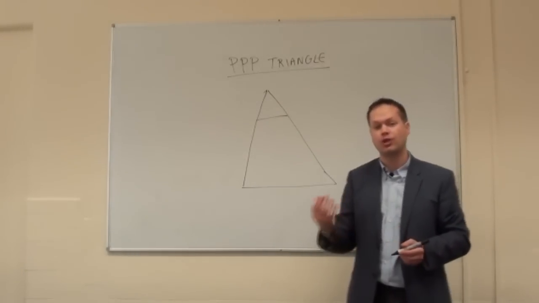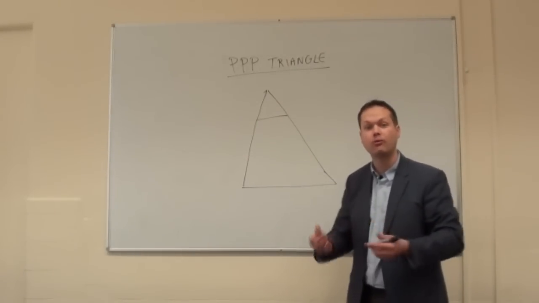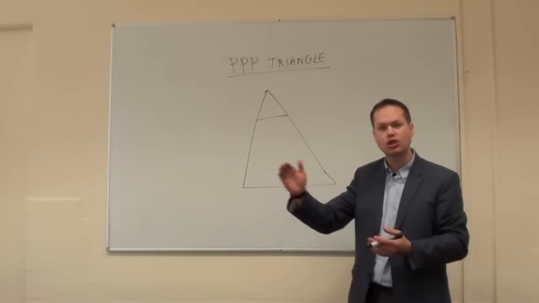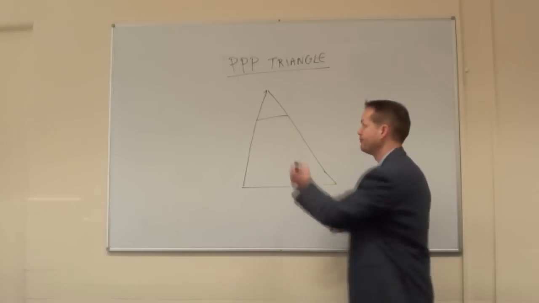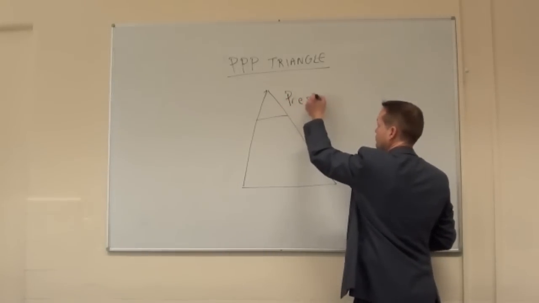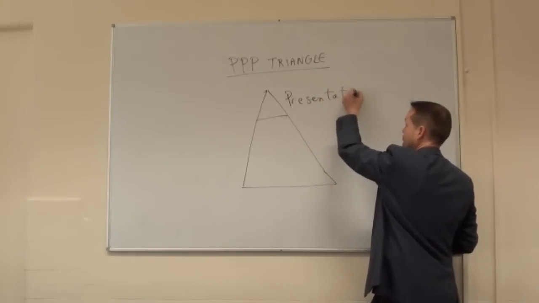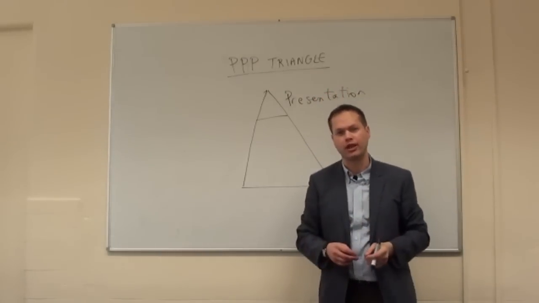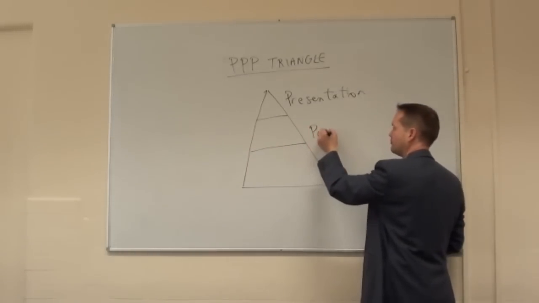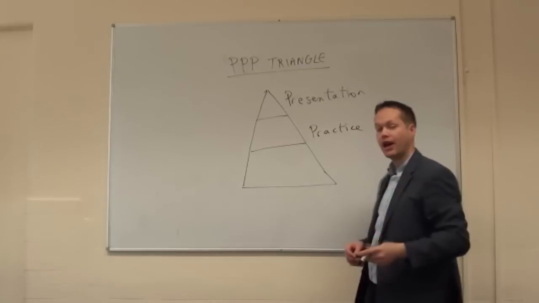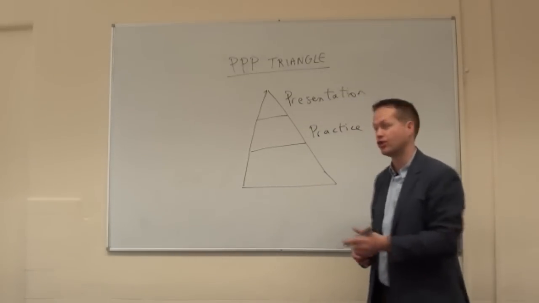The teacher is presenting the target language. The teacher will be talking somewhat, but this teacher talking time will reduce as we go down the triangle. So the first P is presentation. The second P is practice. And the third P is production.